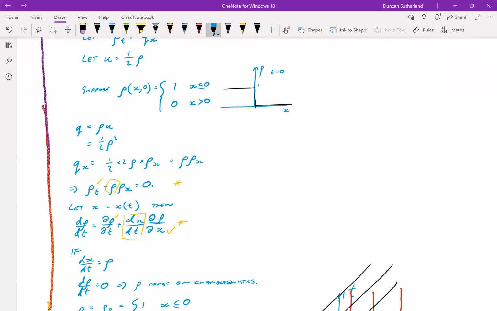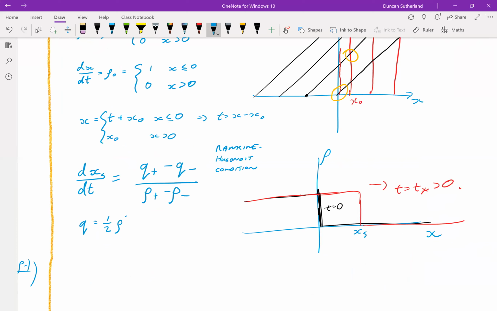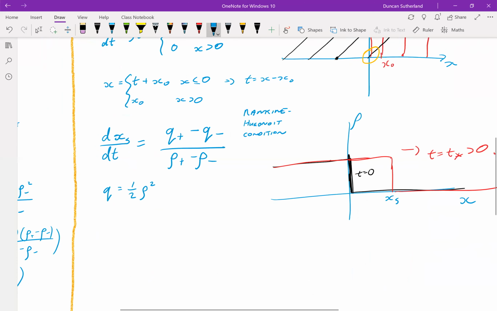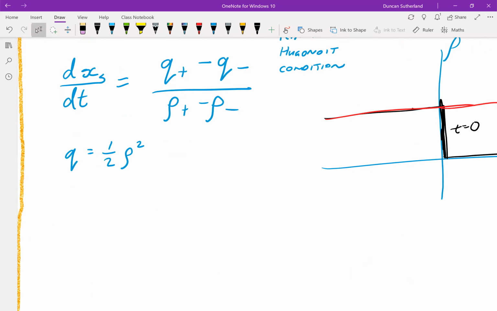Yeah, it was rho squared because U was a half rho. So rho squared it is. So when we stick in these values, to the left or to the right, we get 1/2 rho plus squared minus 1/2 rho minus squared, divided by rho plus minus rho minus.